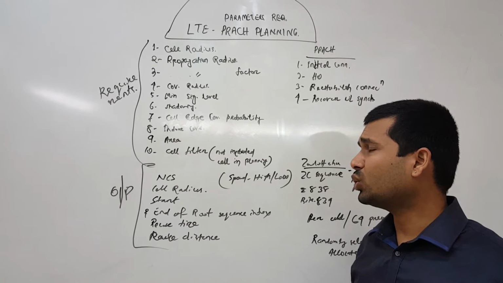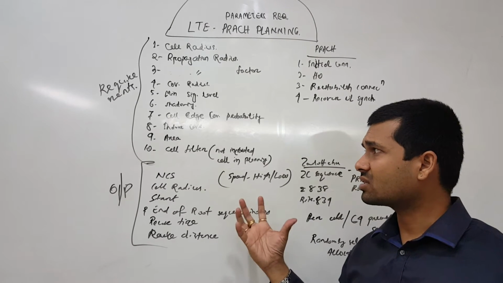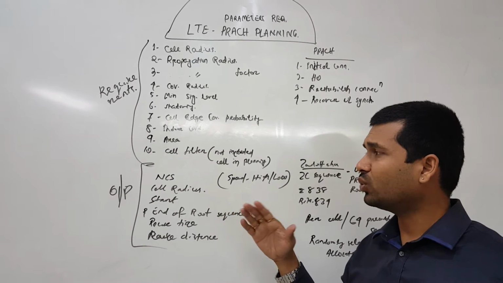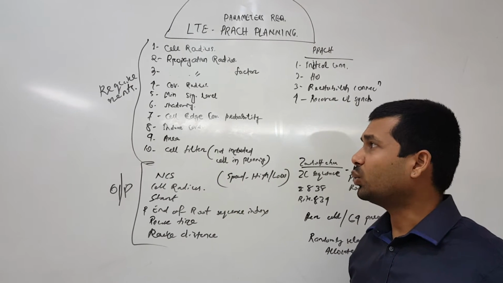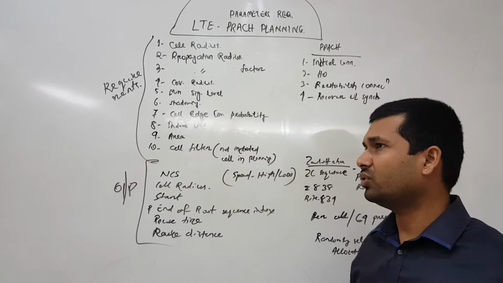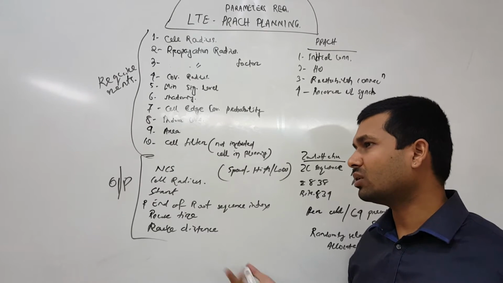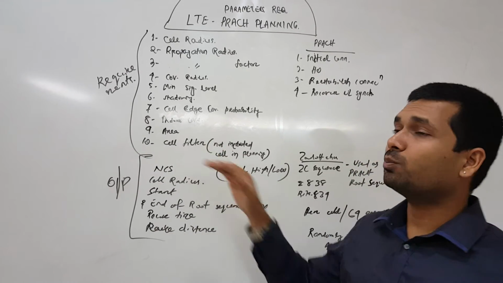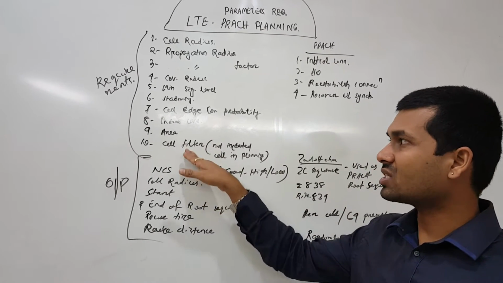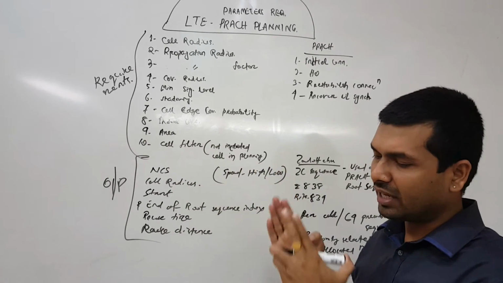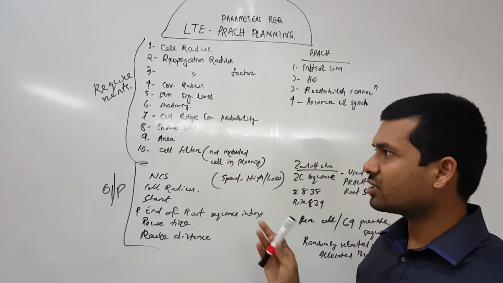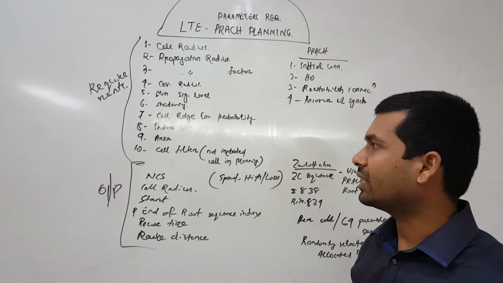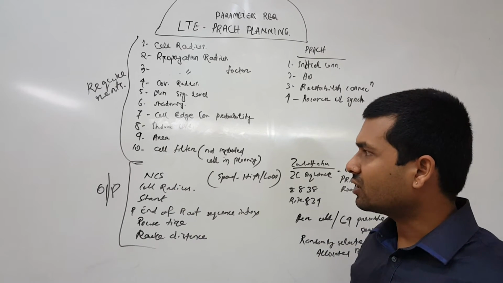If we do not want to take some cells into the planning tool, and we prefer some manual planning, or we don't want to plan a particular cell, in the cell filter we can put the names of the cells which we do not want to do the PRACH planning. So that's the cell filter.